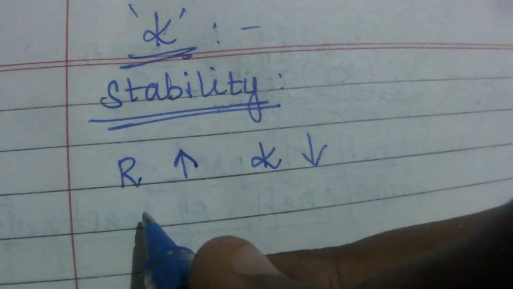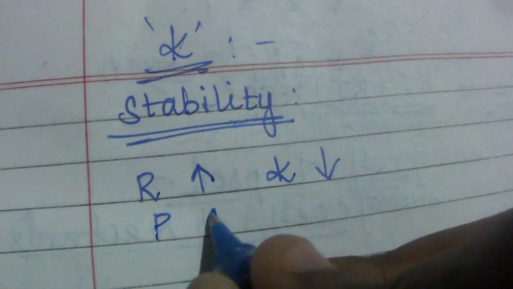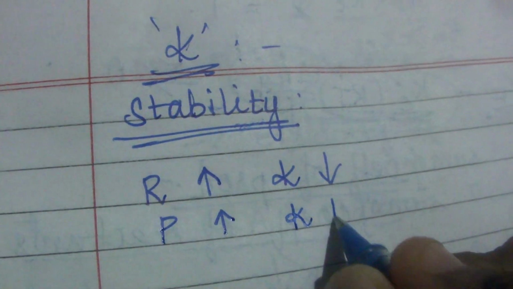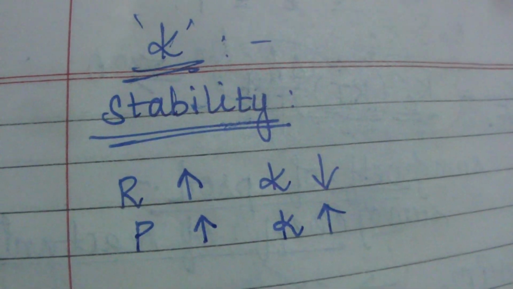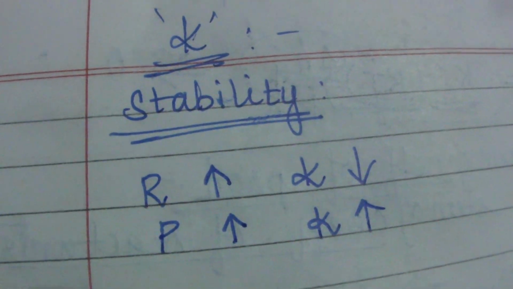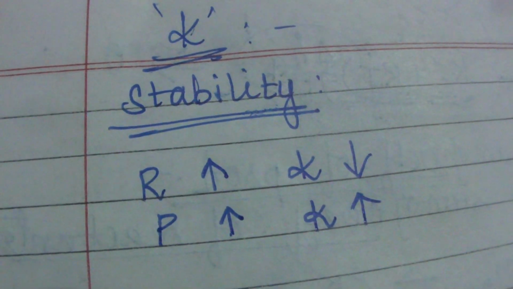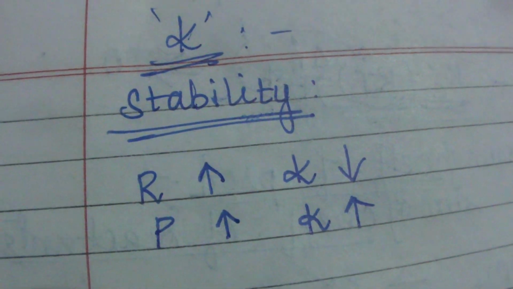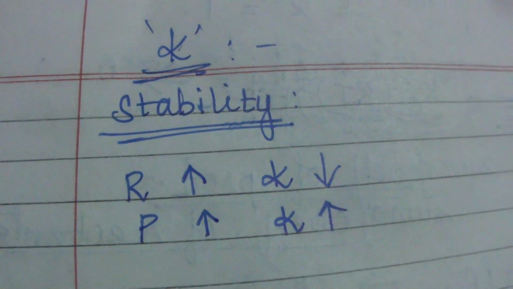Okay, and the stability of the products increases when the value of K increases. So the stability of product is directly proportional to the value of K, whereas the stability of reactants is inversely proportional to the value of K.